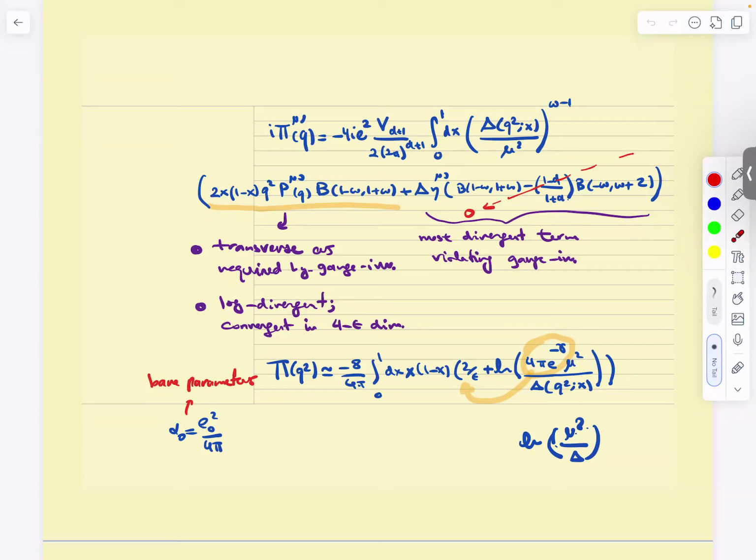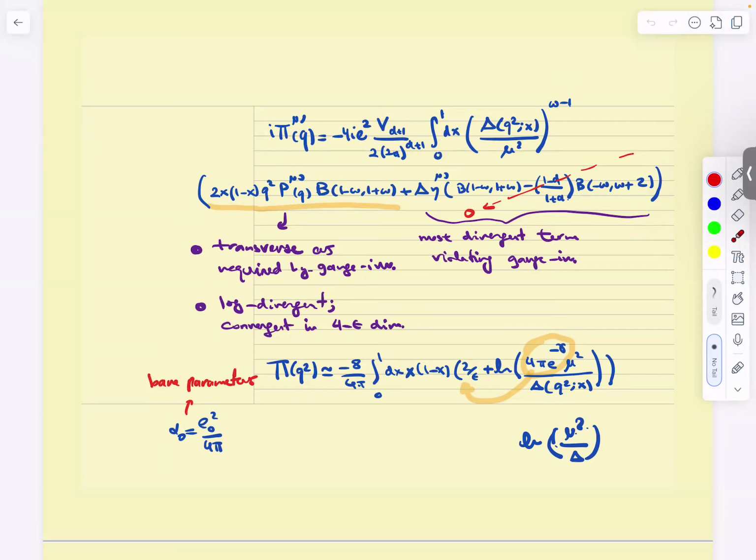Next, because this is log divergent, we're going to expand it in 4 minus epsilon dimensions. Now, in this expansion, it will be finite. So what we're going to do is keep the 1 over epsilon term, that's the divergent piece, and the constant term. The epsilon order term, we're just going to drop it. We don't care, right?